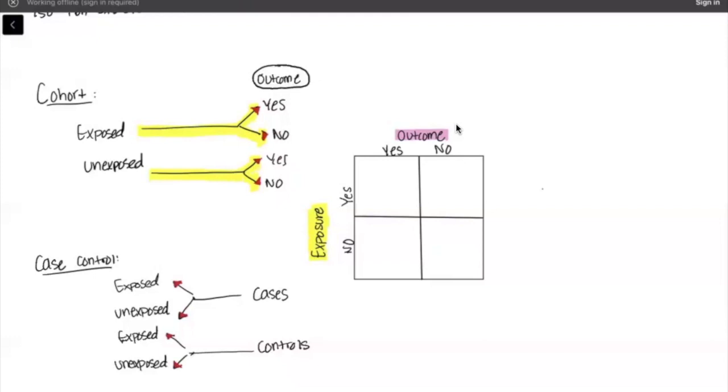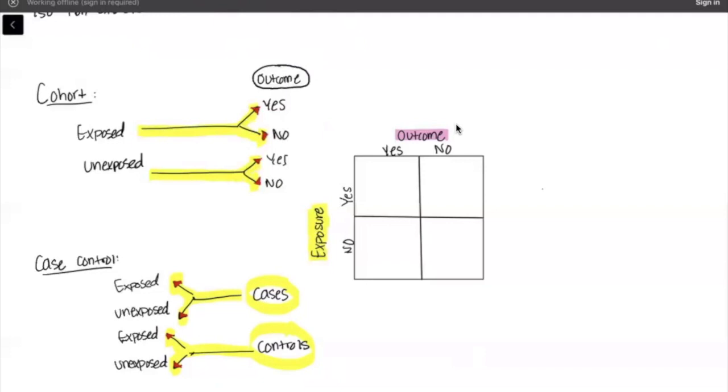Now let's talk about case control, which is very different. If you notice, the arrows for my case control study are pointing in the opposite direction of my cohort study, and that's because in a case control study, you start with cases and controls, and you go back in time to see the odds of the exposure in both groups. So let's say I have 100 patients today who have lung cancer, and I have 100 patients who do not have lung cancer.